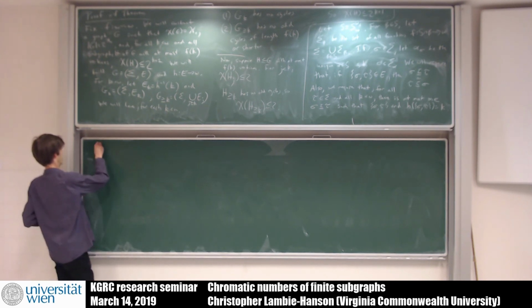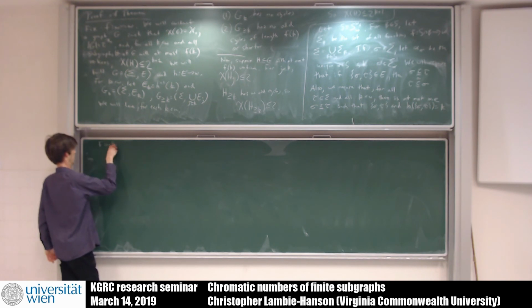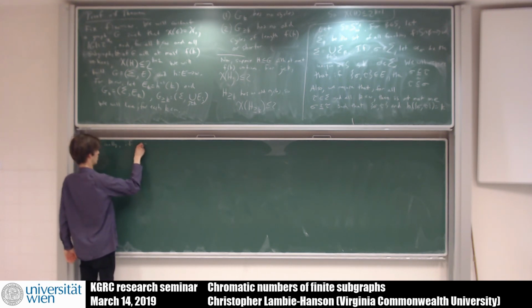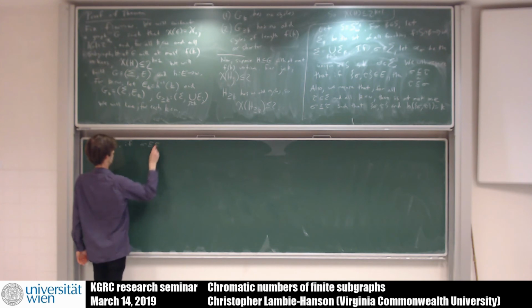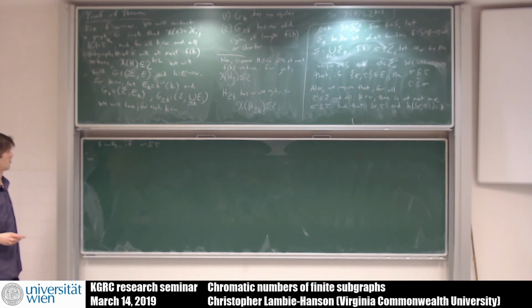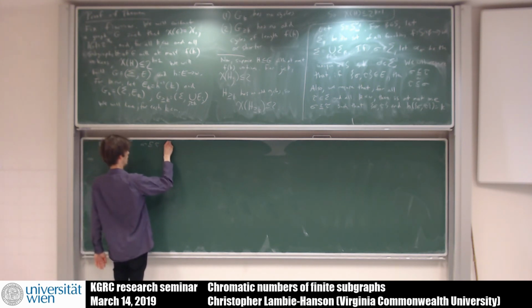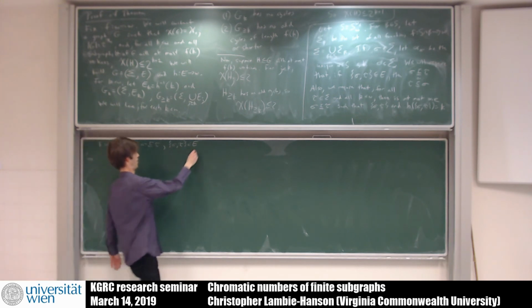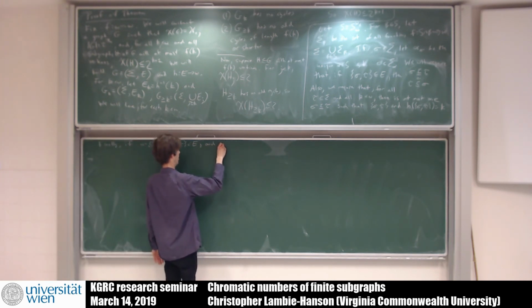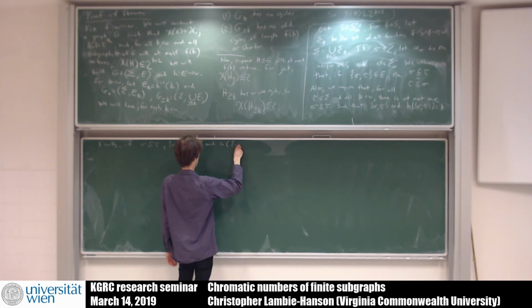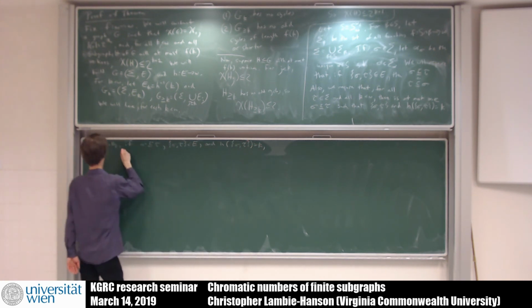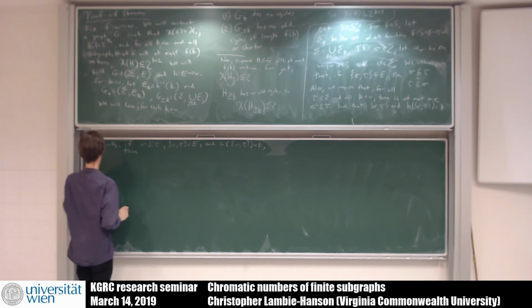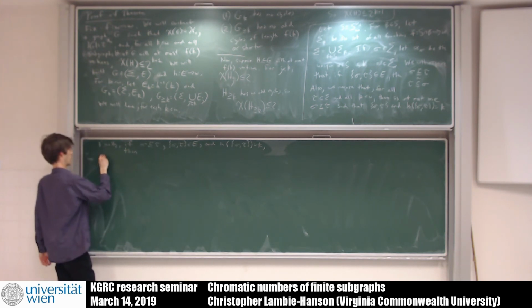Okay, so finally, if sigma is an initial segment of tau, sigma tau is an edge, and the value of h on this edge is k, then two things.